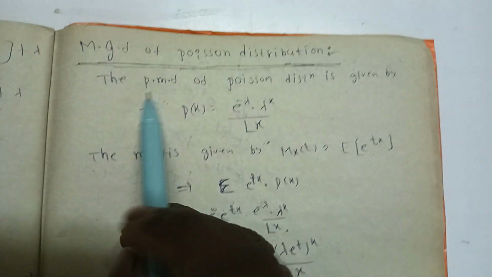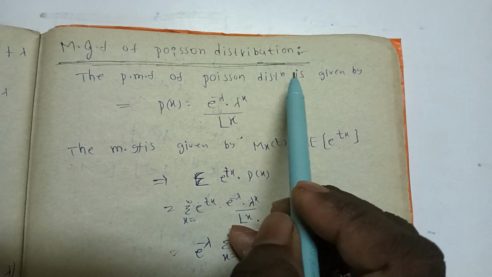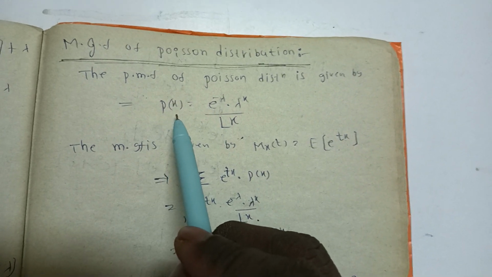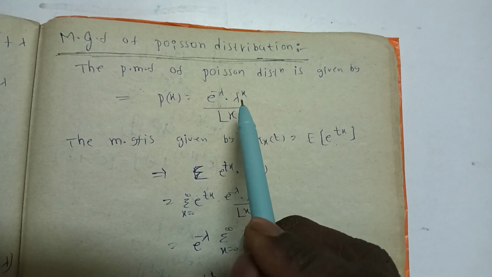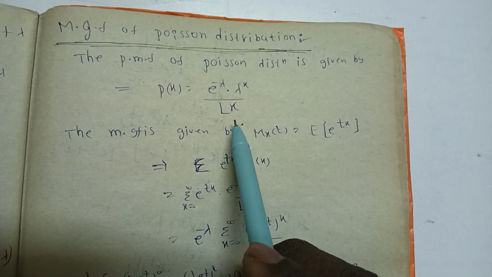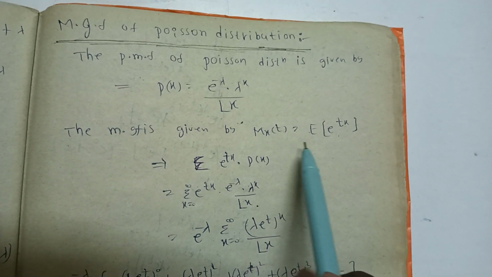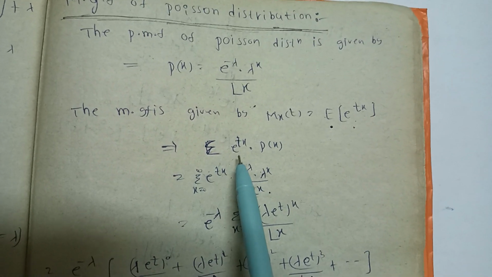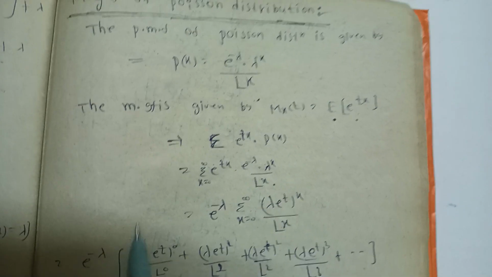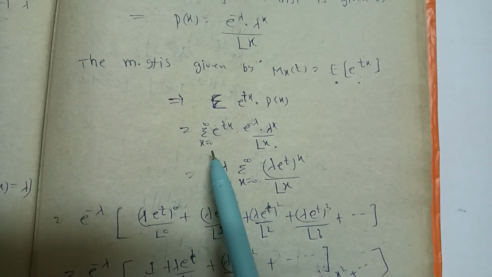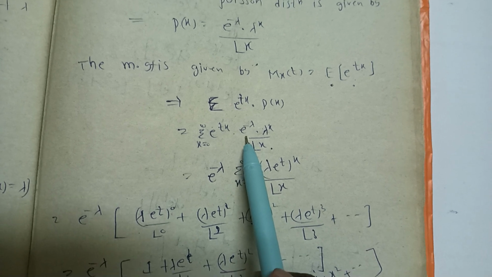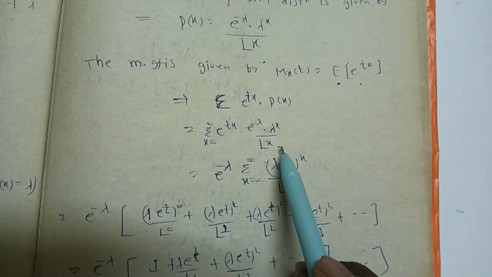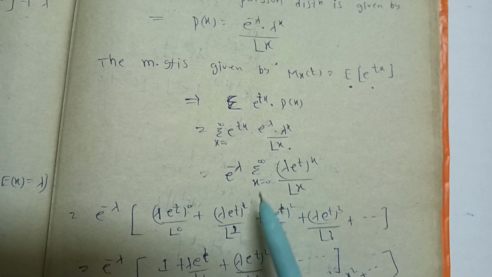Next, look at the value of the MGF of the Poisson distribution. The PMF of the Poisson distribution is given by P of x equals e to the power of minus lambda, lambda to the power of x divided by x factorial. The M x of t value is E of e power t x, the summation of e power t x and p of x value. Okay, e power t x and e to the power of minus lambda, lambda to the power of x divided by x factorial is the p of x value.